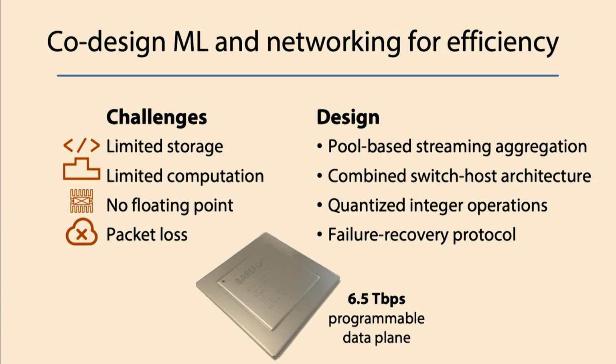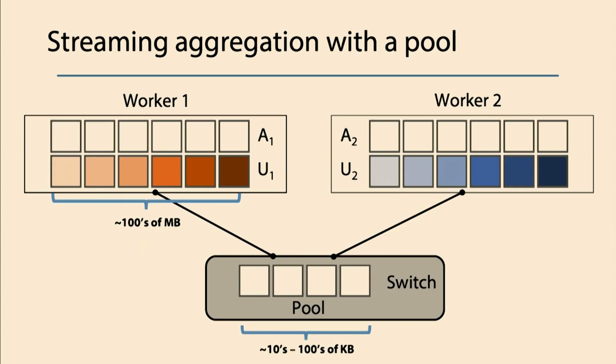So let's look at how SwitchML works. As I said, we developed a streaming aggregation protocol. And the way this works is we use the limited memory on the switch to implement a pool of aggregators. Each element of the pool, each slot, is able to aggregate a small number of gradient elements.